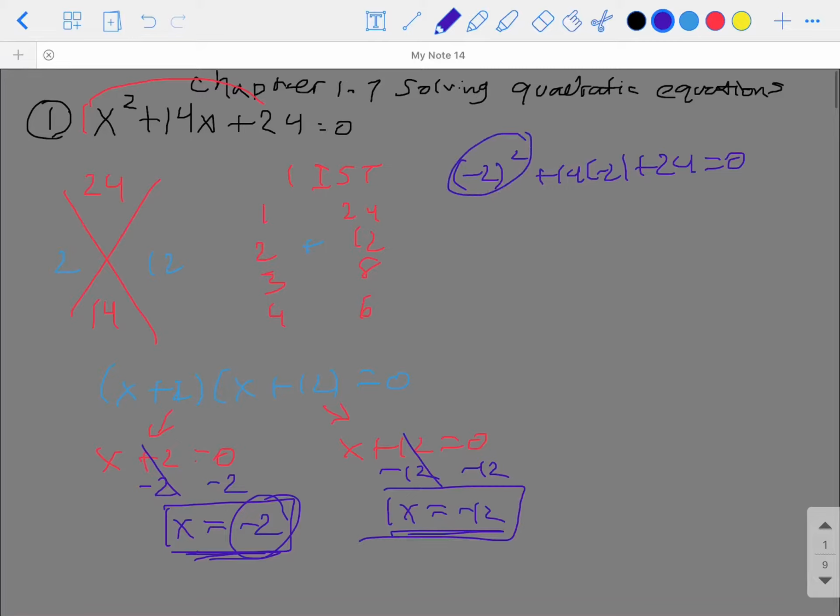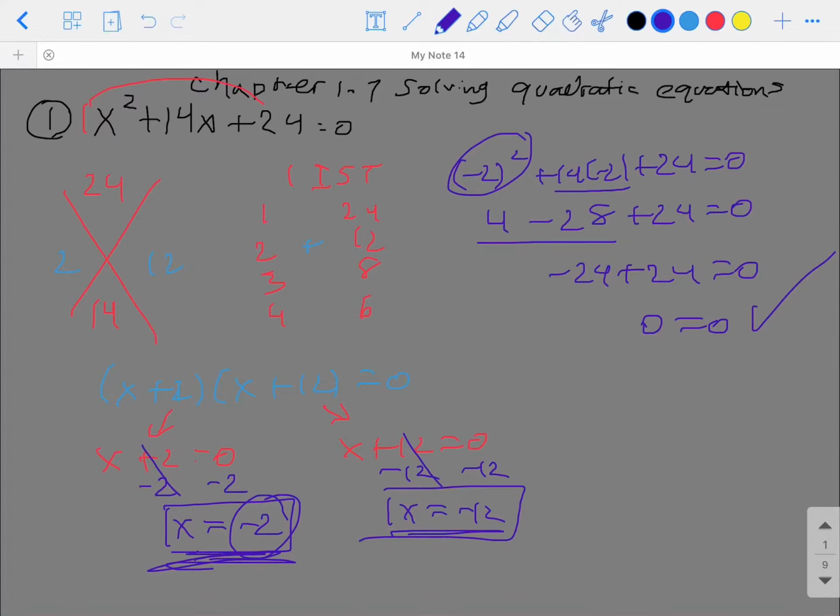So negative 2 to the second is 4. 14 times negative 2 is negative 28, plus 24 is equal to 0, and I'm going to subtract 4 and 28, which is negative 24. And I can see that 0 is indeed equal to 0, so therefore x equals negative 2 is correct.